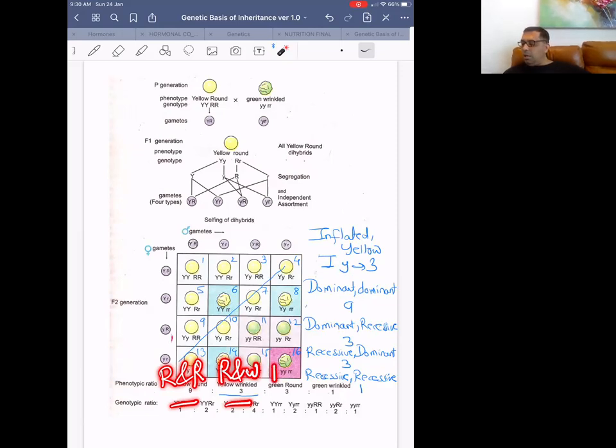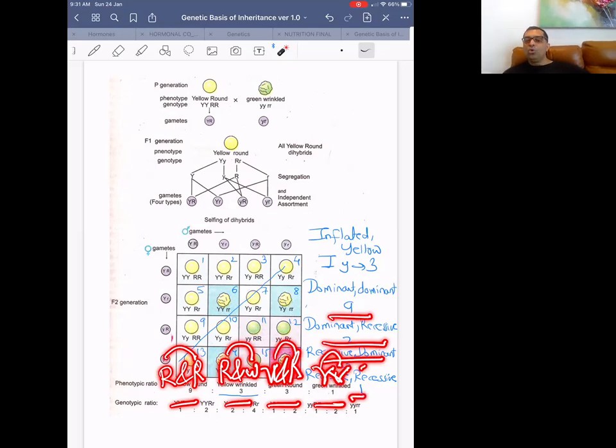White and round, 3. And white and wrinkled, 1. So red and round, dominant, 9. Red and wrinkled, dominant recessive, 3. White and round, recessive dominant, 3. White and wrinkled, recessive, 1.